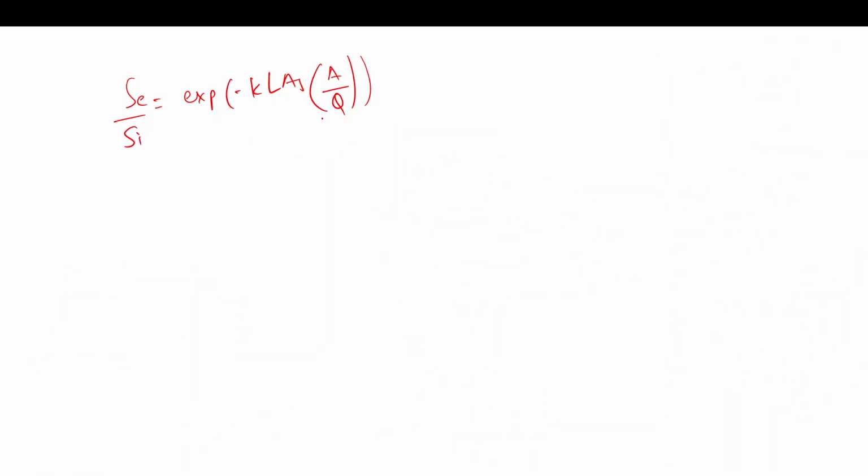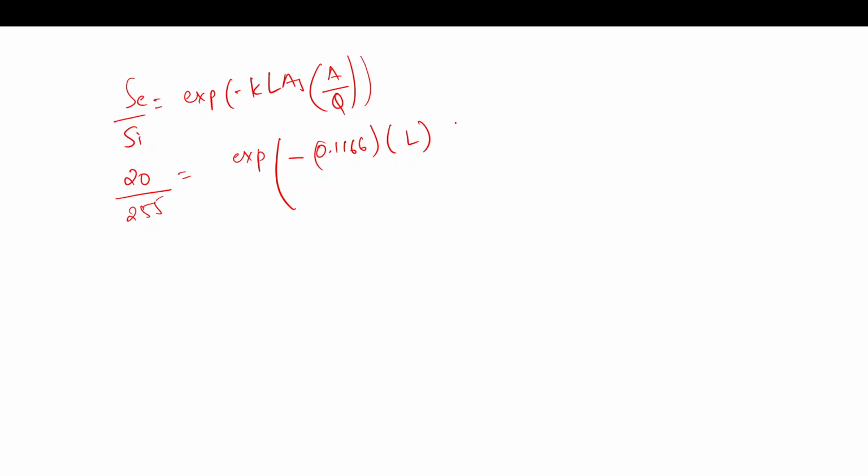Yeah. So SC is given as 20 milligram per liter and inlet is 255 milligram per liter. Then on the right hand side, exponential of minus K you are getting as 0.1166 into L, you need to find out.